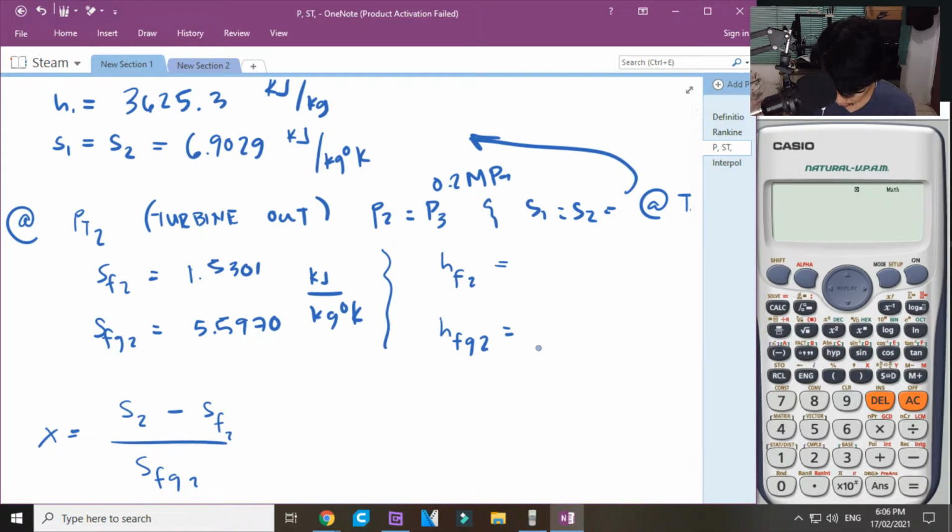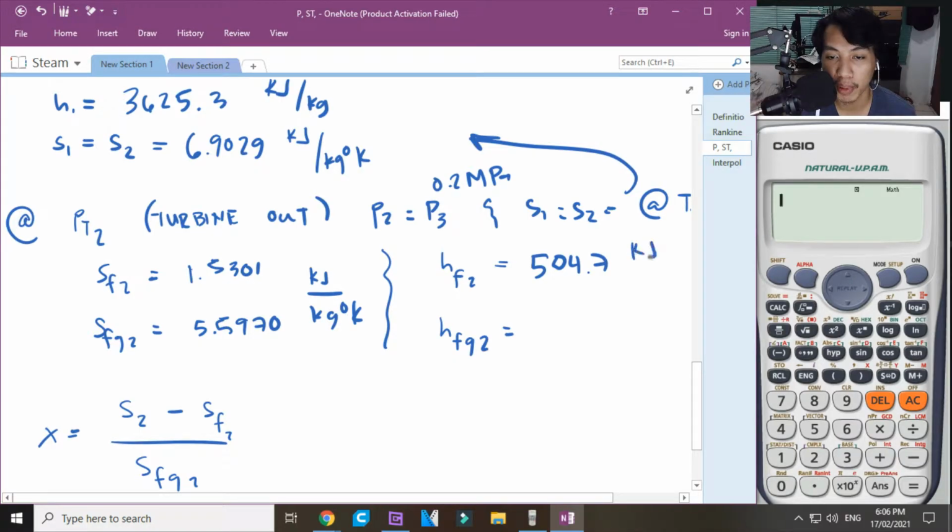The HF is 504.7 kilojoule per kilogram. At yung HFG, 2201.9.